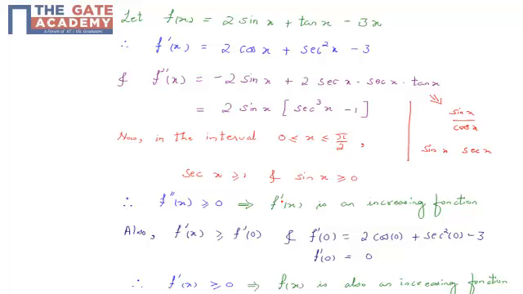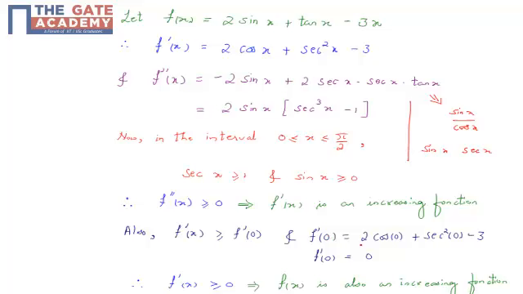This means that my f dash of x is an increasing function. This indicates that my f dash of x is always greater than or equal to f dash of 0, since x takes values within the range 0 to pi by 2 and f dash of x is an increasing function.